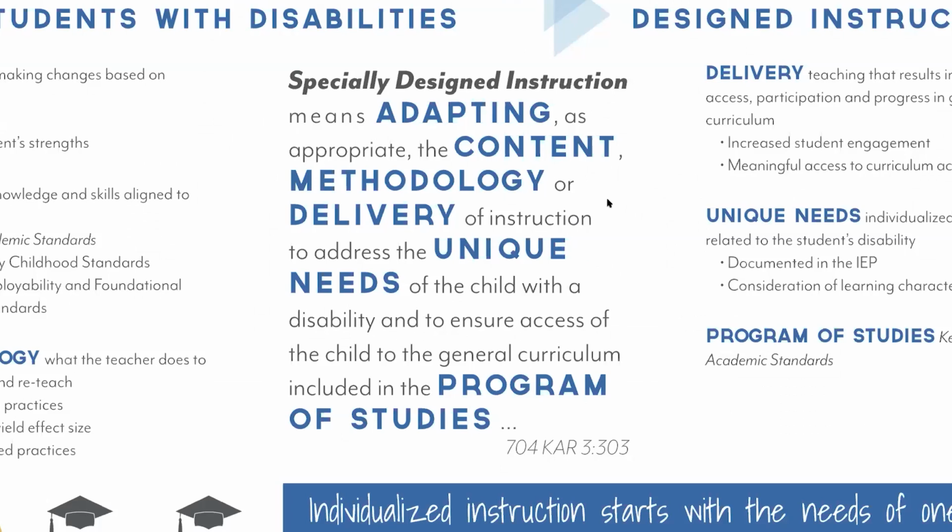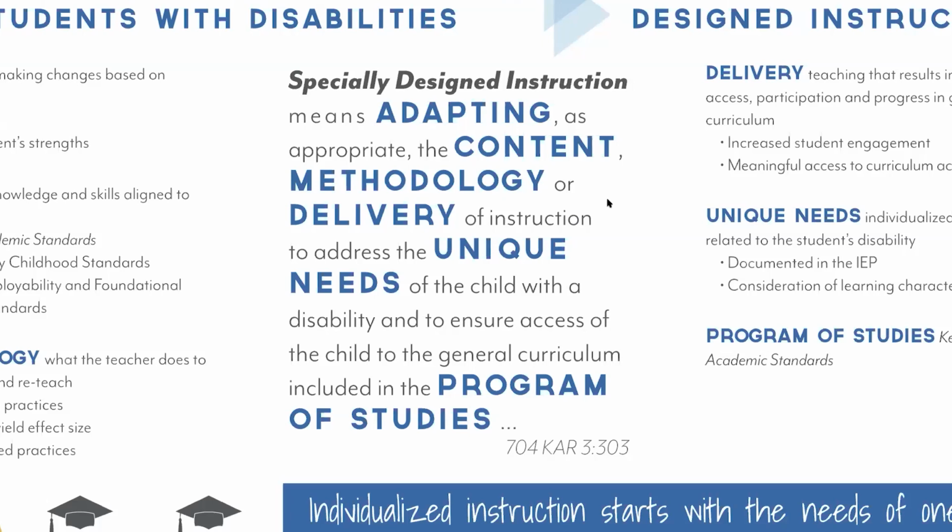And you see that they've included what it is. We basically say lots of times when we're talking about it, it's really what the teacher does that's different for the students with disabilities. That goes beyond that universal design for learning, that goes beyond the core instruction. So this is a nice little infographic, one-pager, that helps you to understand and gives you some background as to where we are with that.